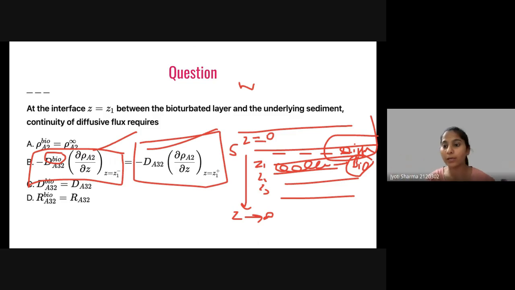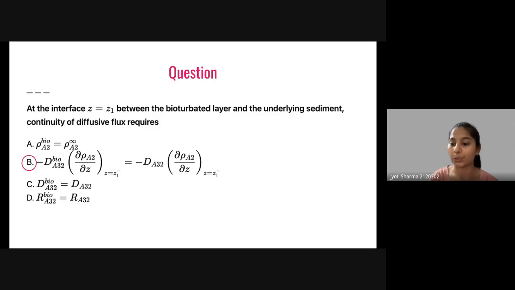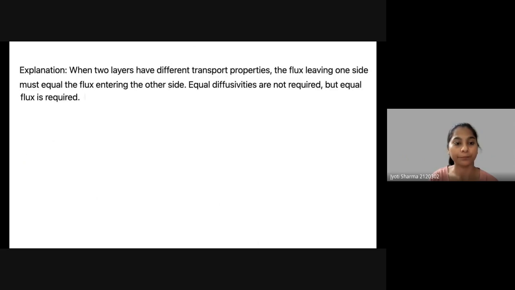And because there is no accumulation, this has to be equal to each other. So B will be the right answer. When two layers have different transport properties, the flux leaving one side must equal the flux entering the other side. Equal diffusivity is not required, but equal flux is required, and that's why we are keeping them equal to each other.